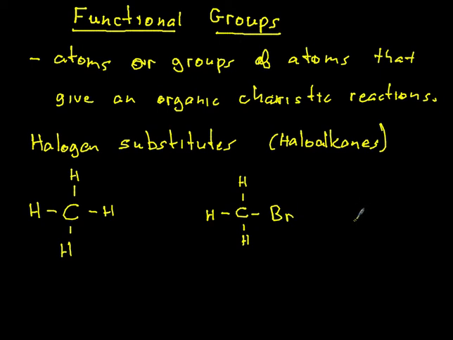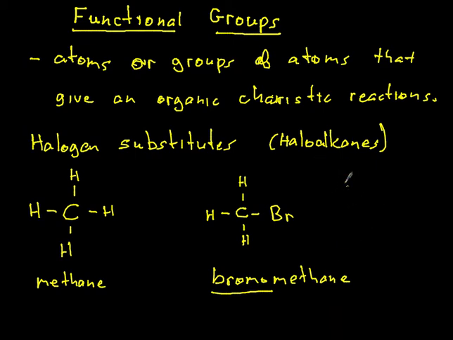Let's put a bromine on there instead of an H. And so that now has the halogen functional group, if you will. Whereas this is methane, we would now call this bromomethane, because we have replaced one of the H's with a bromine. And so we say it's bromomethane.